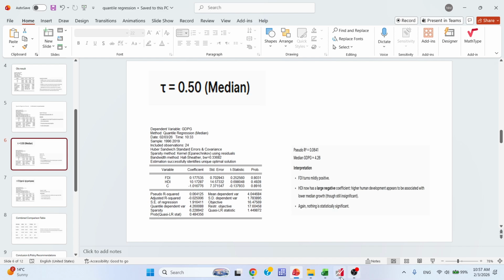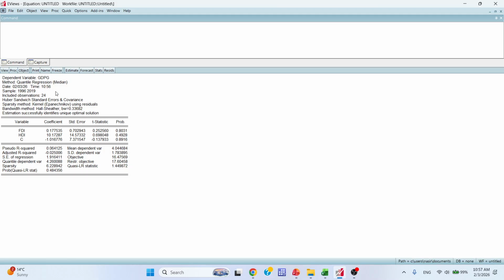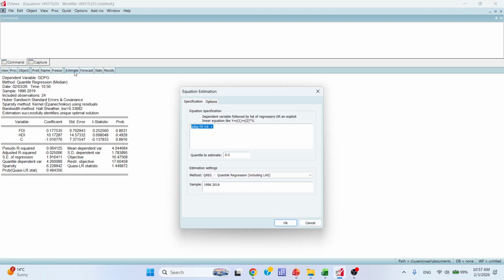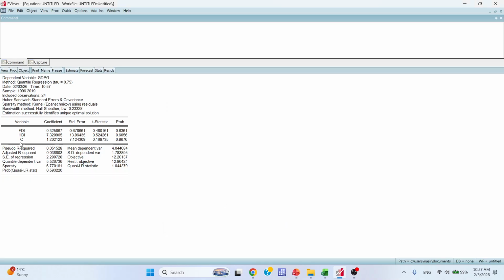Now we will be applying the 75th percentile, and we will be comparing the result again. So go to estimate, and now select 0.75 here. Now you can see that we have the result for 0.75.